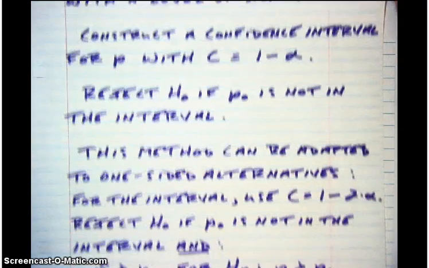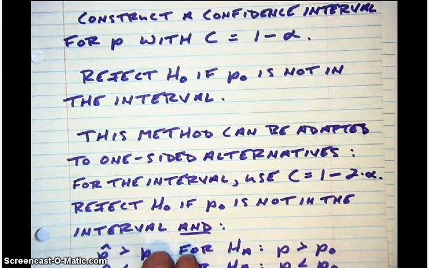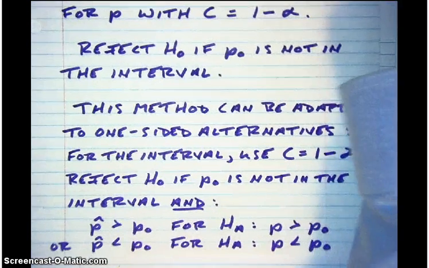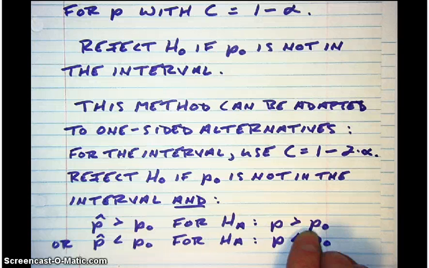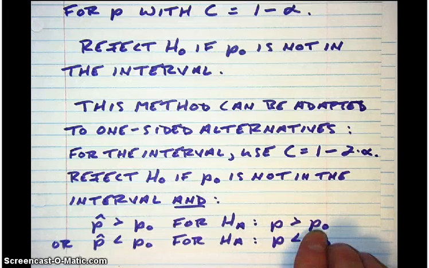Now you're going to reject the null hypothesis if, again, p naught is not in the interval and this second condition is met. You need to have p hat greater than p naught if you have a one-sided alternative, p is greater than p naught. You've got to make sure that p hat, in fact the whole interval, is on the proper side of p naught.